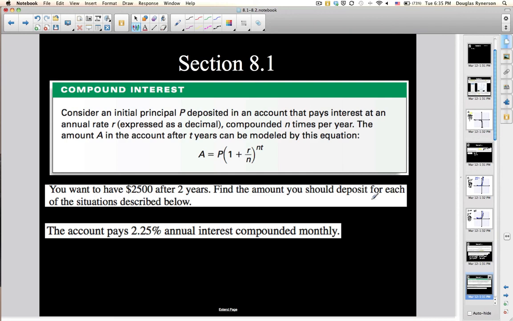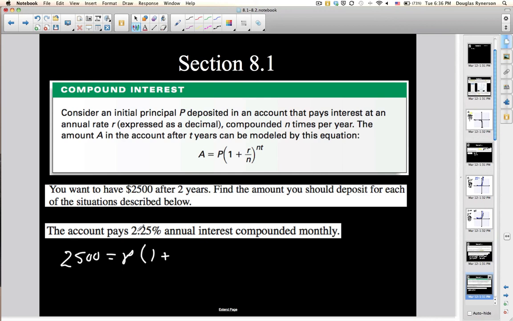Find the amount of money I need to deposit in an account for each of several different situations. We're going to do 3 just so you can get a sense of how compound interest changes things. So I know that this $2,500 will be equal to an unknown amount of money, P, that I'm going to deposit in an account. And I have a rate, this is my annual interest compounded monthly.